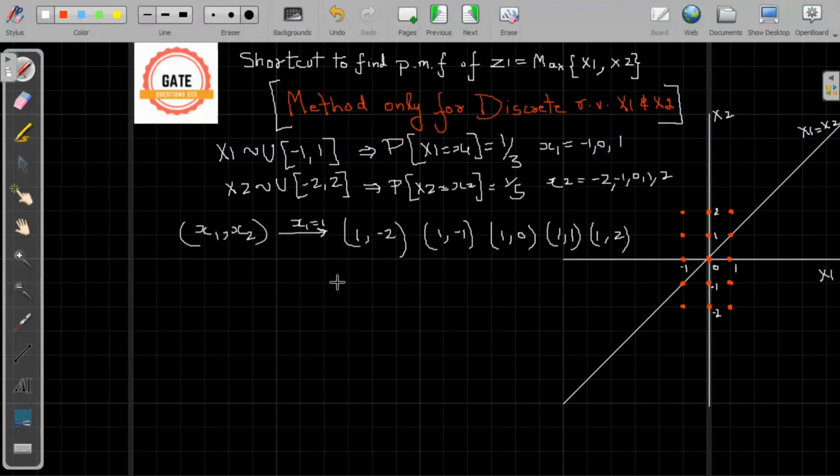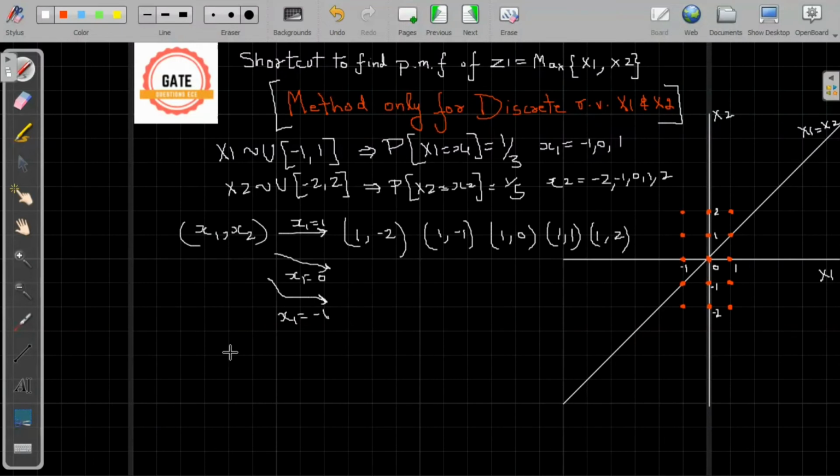So we can see similarly for x1 equal to 0 and similarly for x1 equal to minus 1. We can see there are 15 possible points that we can show here in the x1 x2 plane.